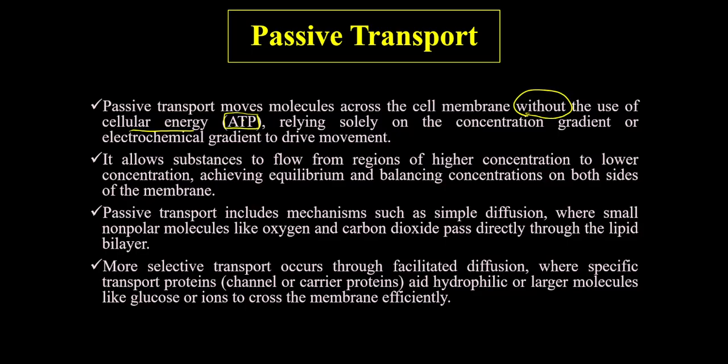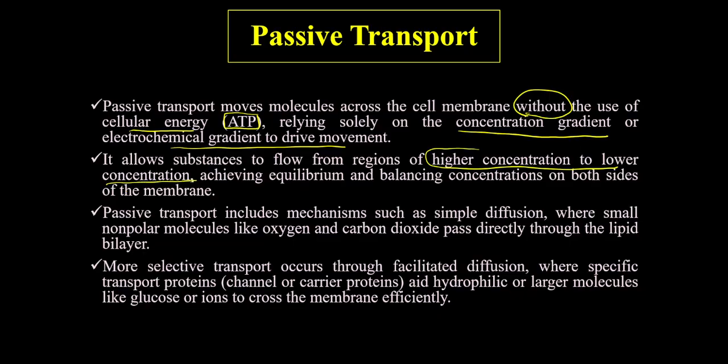We already know that passive transport doesn't require any energy, and it is totally dependent on the concentration gradient or the electrochemical gradient to drive the movement of those molecules. Second, these substances are moved from the region of higher concentration to the lower concentration.